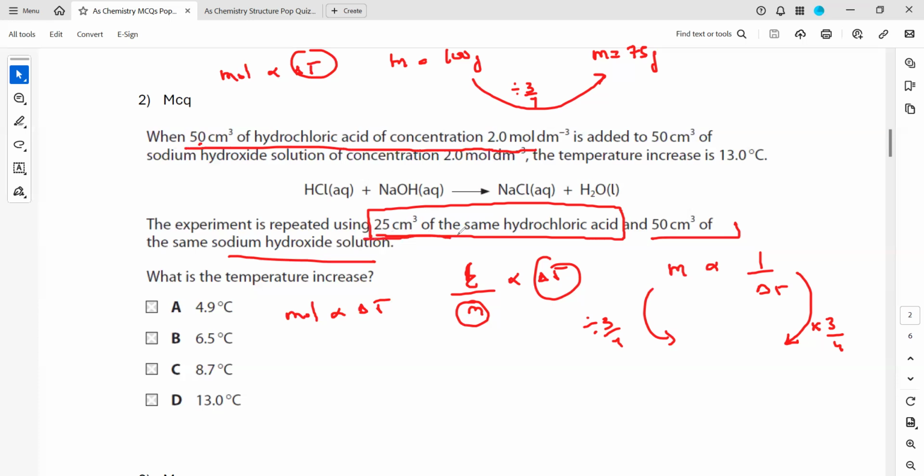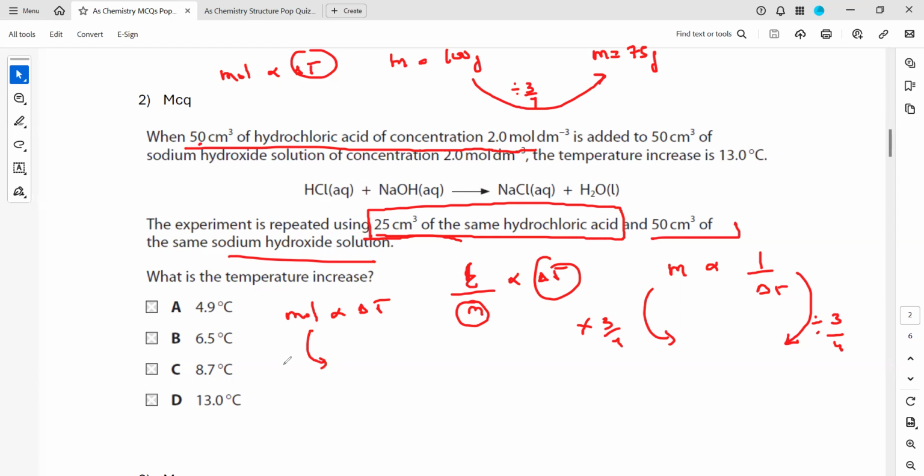But in the second experiment, we use 25 cm cube and the same concentration, 2 mole per dm cube. It means the moles have become half.